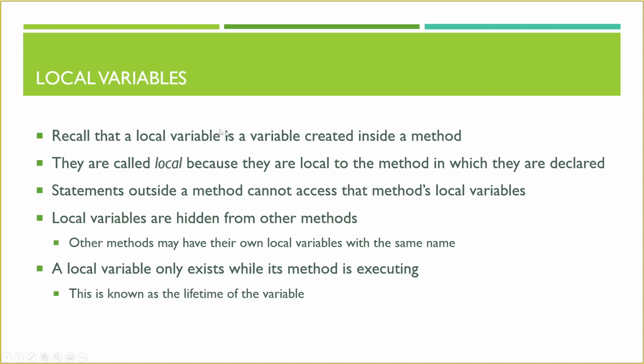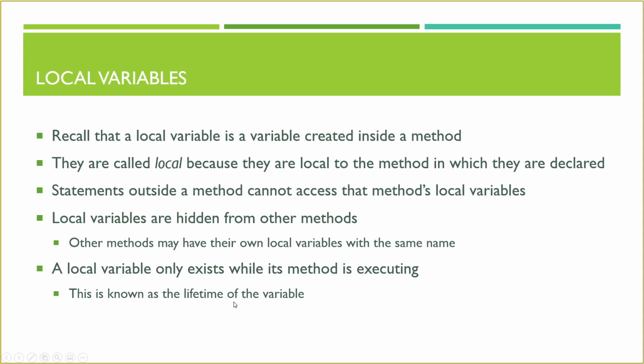So what does this mean? Well, if they're hidden from other methods, that means that different methods can have their own local variables with the same name. I could have int x in my main method, and I could have it in method A. I could have int x in method B. I could have int x in method C. It doesn't matter if they have the same name because they're hidden from the other methods, right?